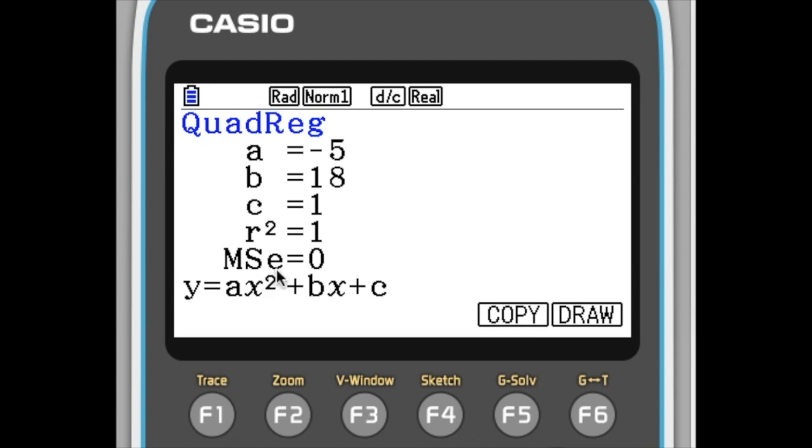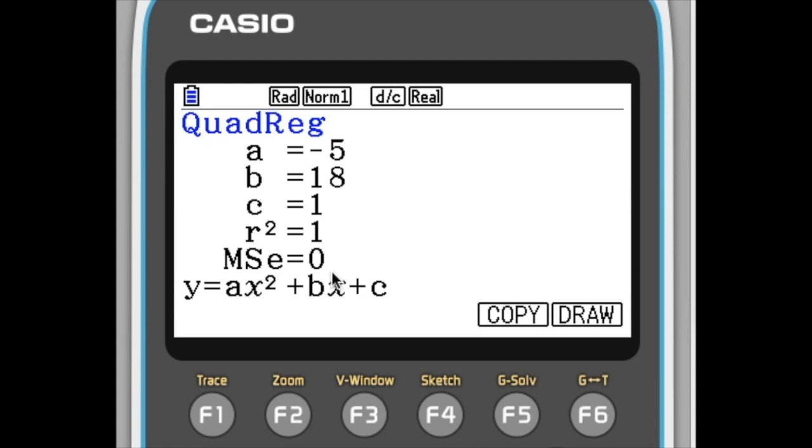MSE stands for mean square error. What the calculator has done here is it has taken all the errors, the difference between the actual data and the model, and it has squared them to get rid of the fact that some of them are positive and some of them are negative, added them all up and divided by the number of data items.